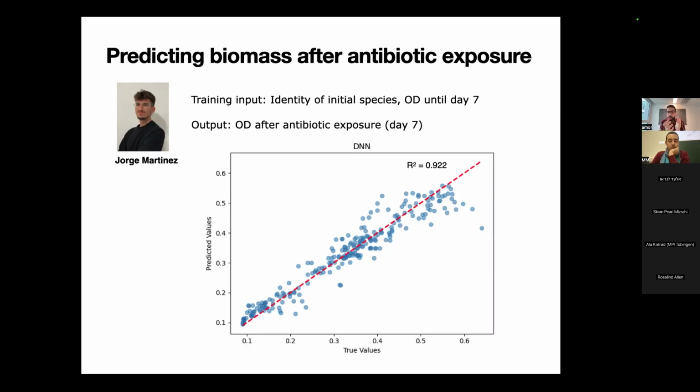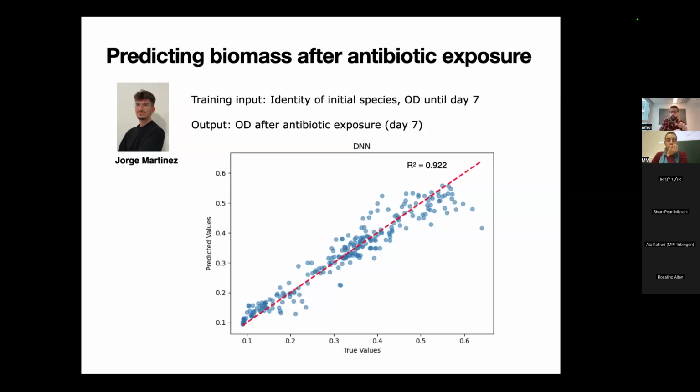a simple neural network with the data of the biomass until day 7 and the identity of the initial species, including also these invaders, the model can predict the biomass right after the treatment for all the samples that were left out of the training.